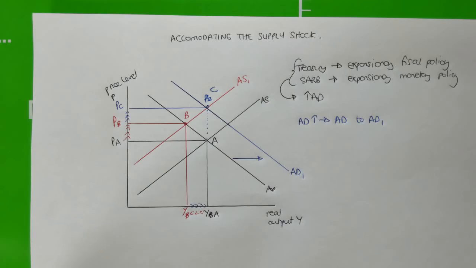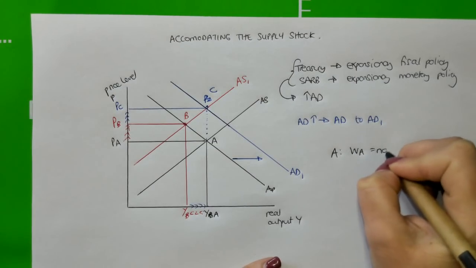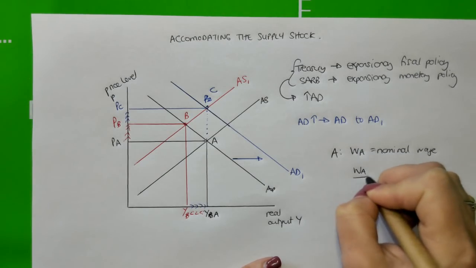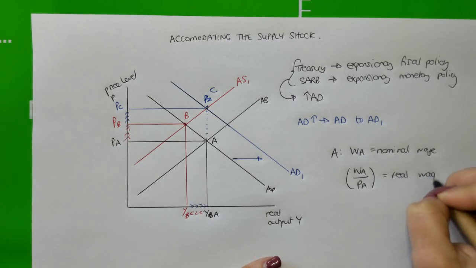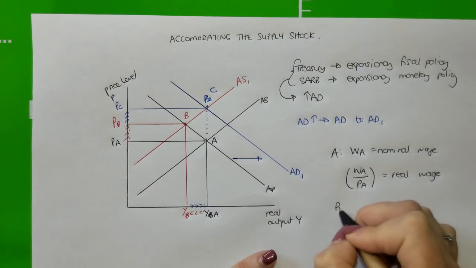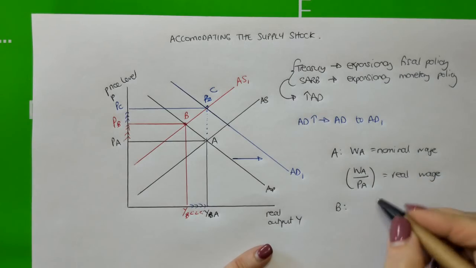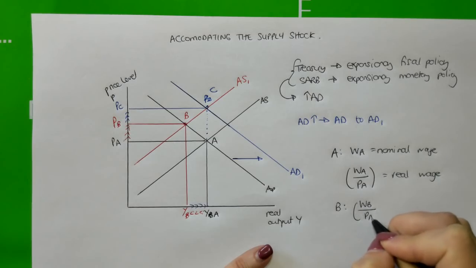The other thing to think about is what's been going on with the nominal and the real wage when you accommodate the supply shock. So at point A, we can say that the nominal wage was WA, and the real wage would have been WA over PA. When the supply shock happened and we moved from A to B, the nominal wage was still WA, but the real wage would have been WA over PB.